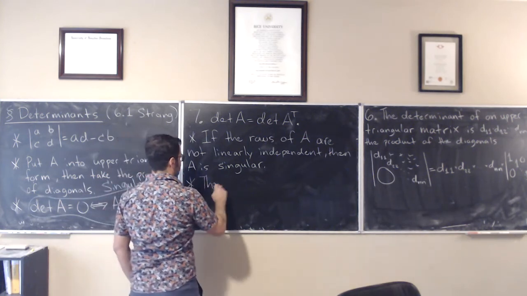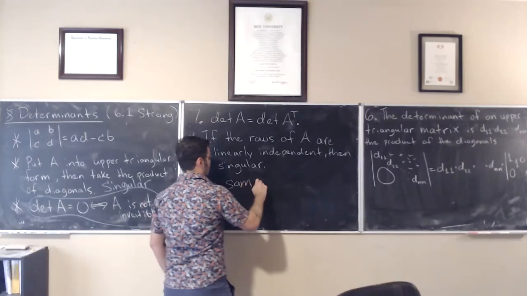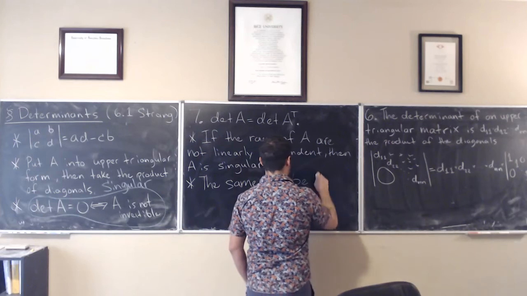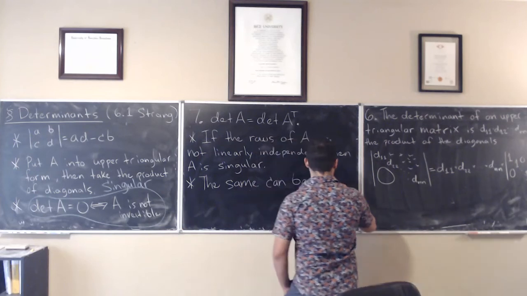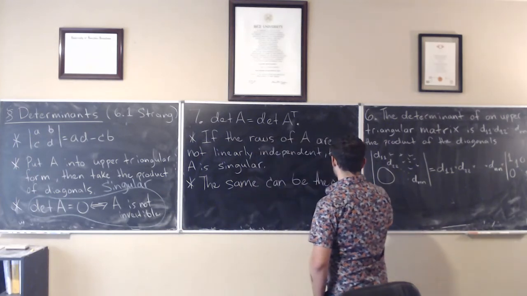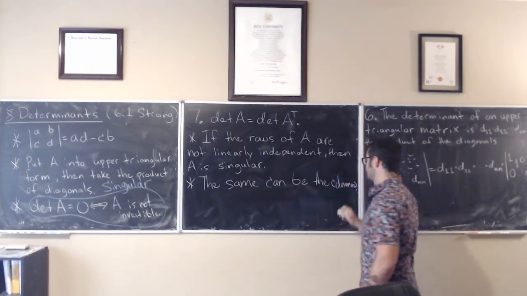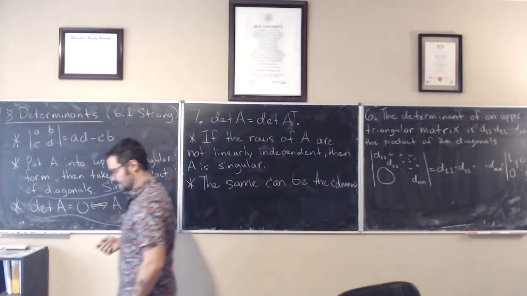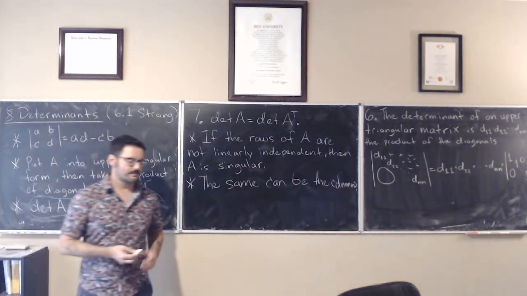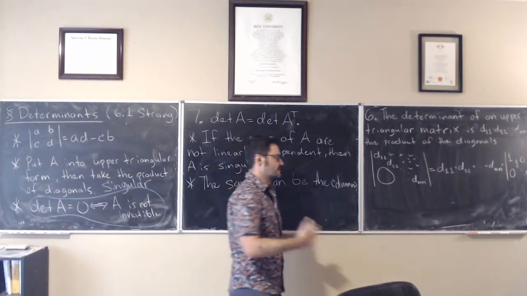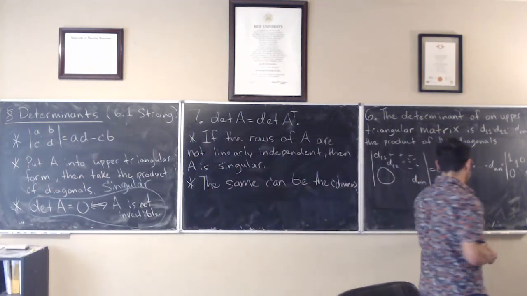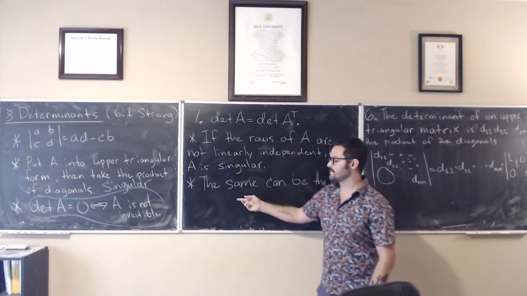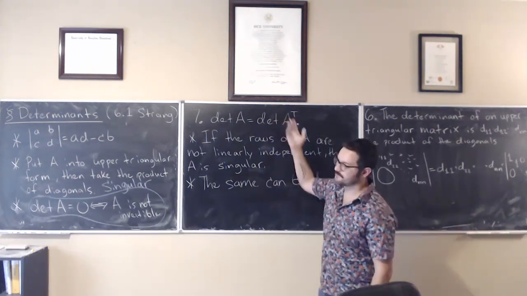The same can be said for the columns, which we already talked about when we were talking about invertibility. We spoke about the columns of A being linearly independent in order for it to be invertible. If they are not linearly independent, then it wasn't invertible. That's also because of this.